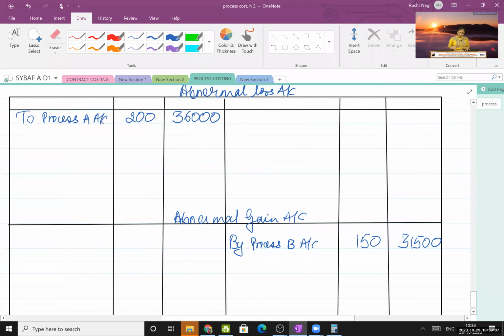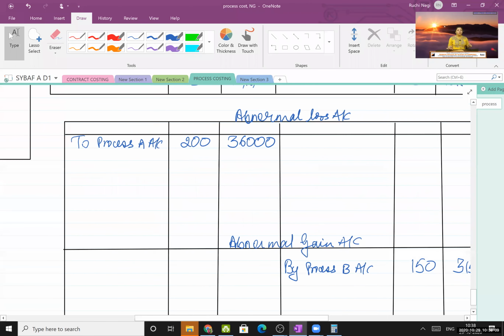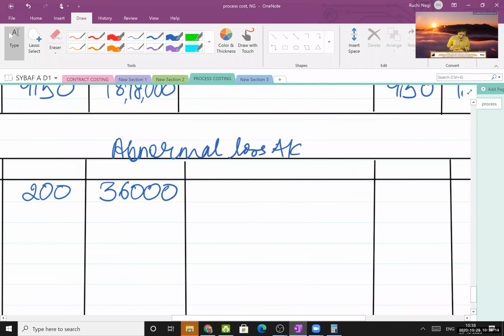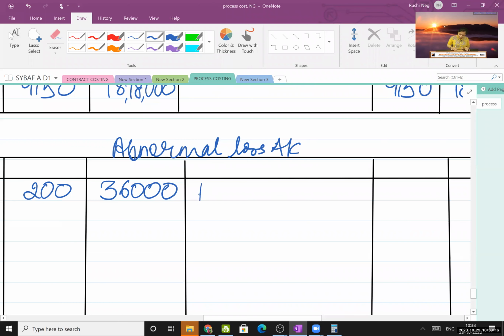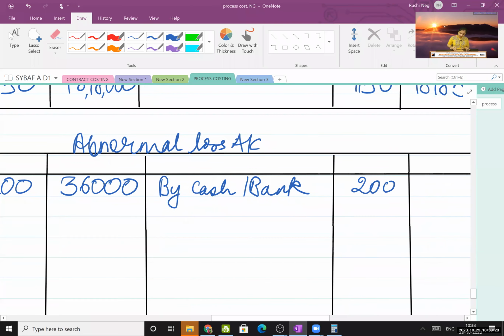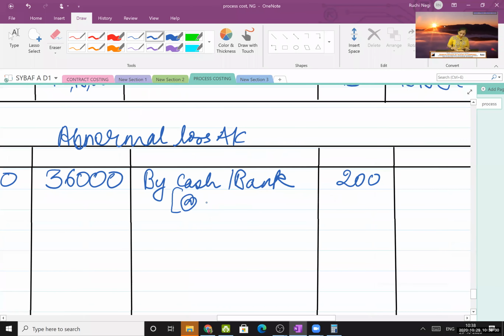Okay. Next, assume that your normal loss is sold. Okay, this is an imaginary entry, so you have to assume that your normal loss is sold. So buy cash bank. When you sell, money will come in. Buy cash bank. So I'll assume पूरा का पूरा 200 units गया, and at scrap value.